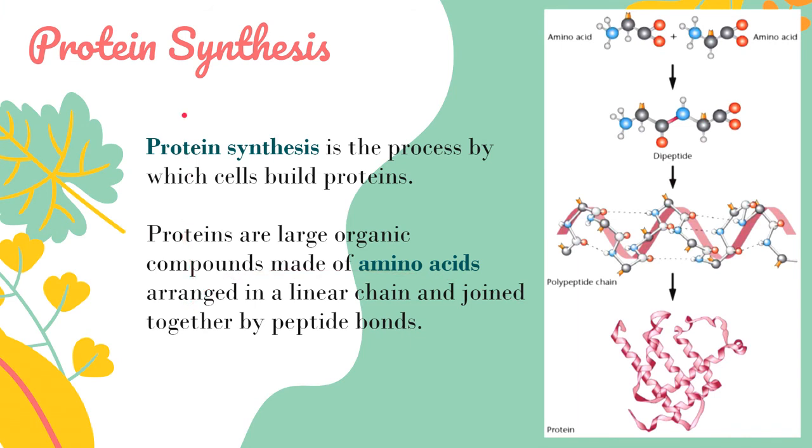So now, what is protein and what is protein synthesis? That's the process by which cells build proteins. Again, proteins are large compounds made up of amino acids. Those are your valine, alanine, methionine, all of those. If you put them together, they can be arranged in a linear chain and joined by peptide bonds.